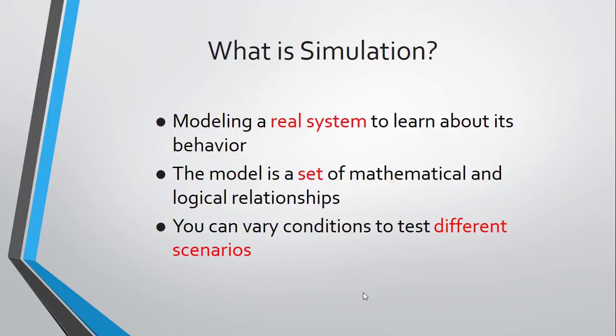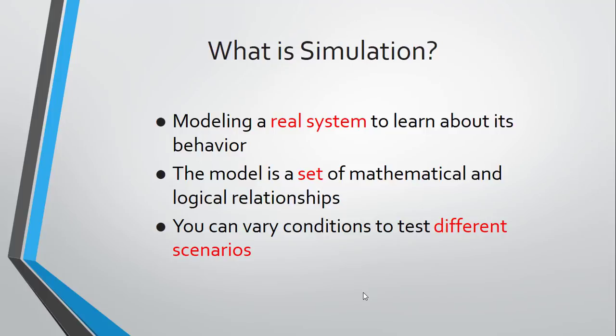So what is simulation? Basically, simulation is modeling a real system to learn about its behavior. The model is a set of mathematical and logical relationships. That's why it needs computers to process numbers.